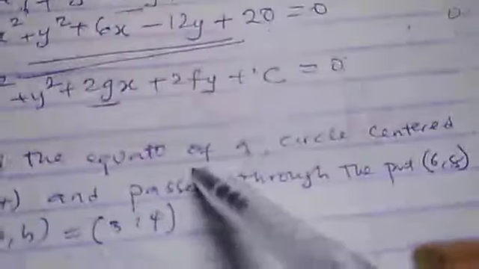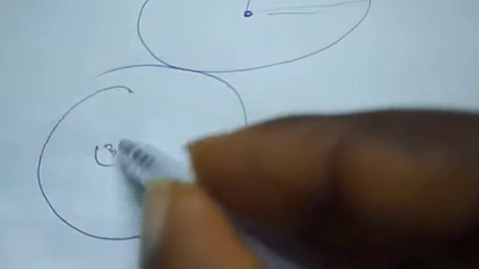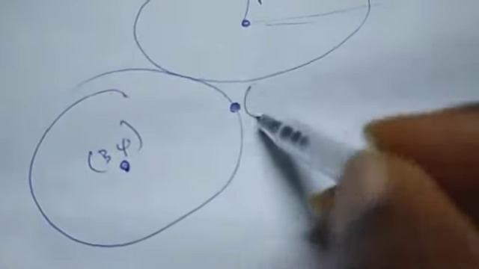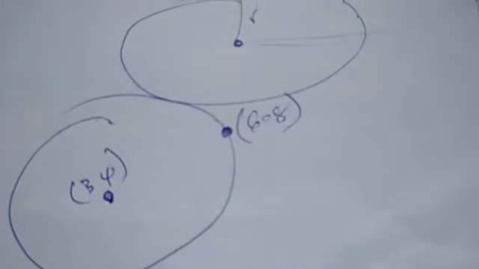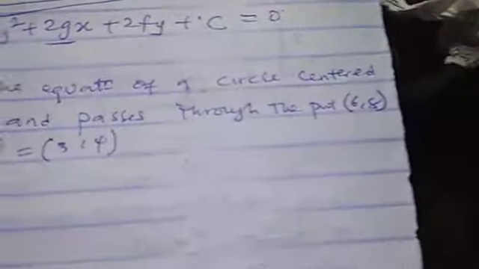We know the center, but we don't know the radius. The circle has its center at (3,4) and passes through the point (6,8).